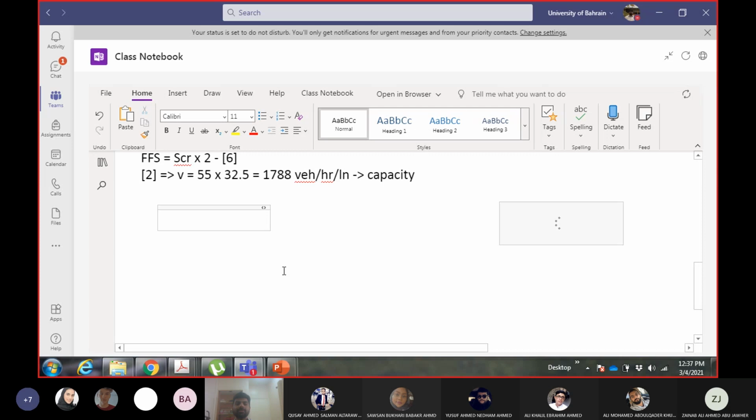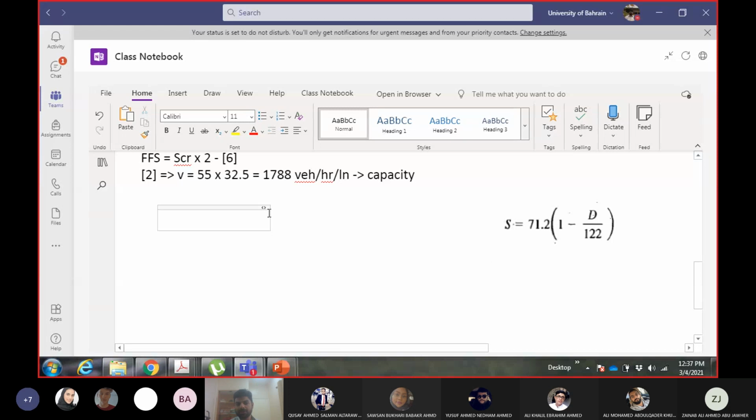Okay, we will start with the first part of the question, which is find out the free flow speed and jam density. So free flow speed, how do we define it? This is a speed when what happens? When density is 0. So you have the equation between speed and density.